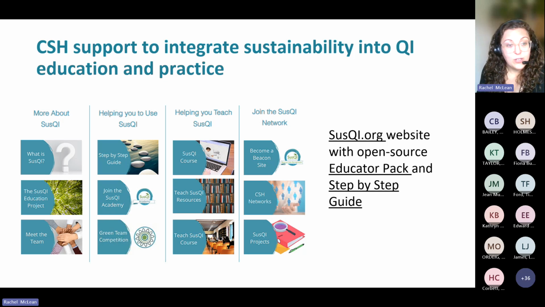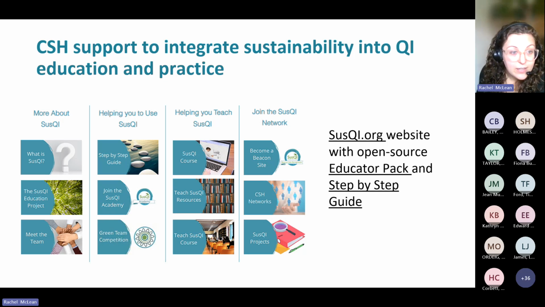But actually, if you go to the step-by-step guide, that's where you'll find some resources for actually thinking about your own service, looking at process maps, studying the system, thinking about where some of those carbon hotspots or areas of high resource use might be, and then also models for helping you to think about impactful changes using the principles of sustainable healthcare. So I recommend taking a look at that.